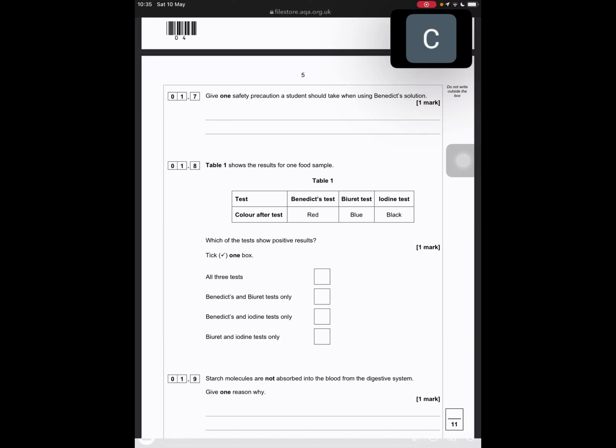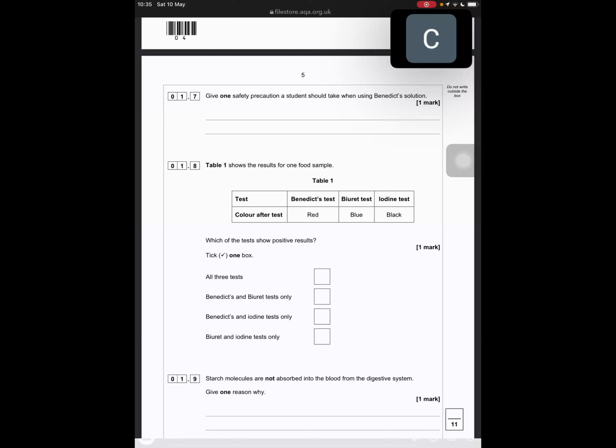I'll go with the Benedict test and iodine test, but I'm not sure of the biuret test, turning blue. Iodine is for starch, Benedict is for reducing sugar, and biuret is for protein.